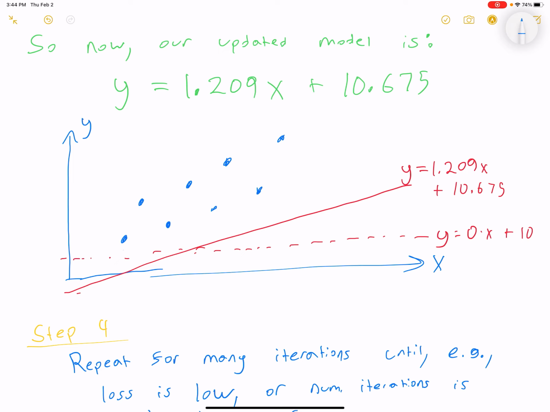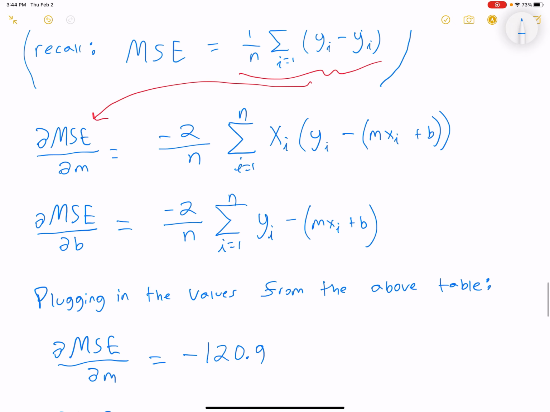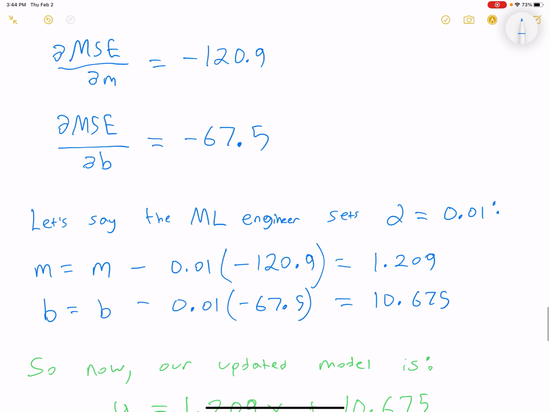Any questions? Yeah. So, when you go up to del MSE over del M equals minus 120.9, is that from all 8 rows? Yes. You sum up all 8 rows, right? Yes. Okay. Question? Yeah.